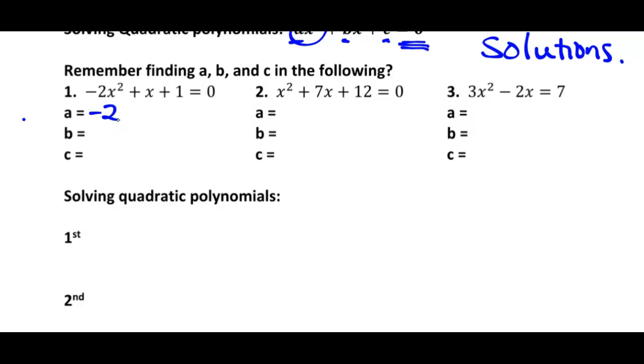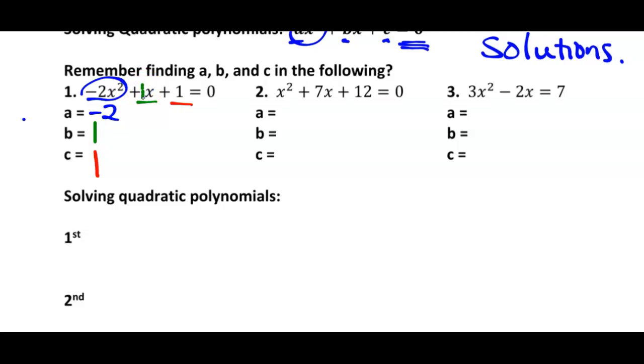The coefficient that is in front of the x term is my B. The coefficient that's by itself, the constant, is your C term, and that's 1. What number's in front of that B? Oh, 1. There's an imaginary 1 there. I'm sorry. I get so excited.